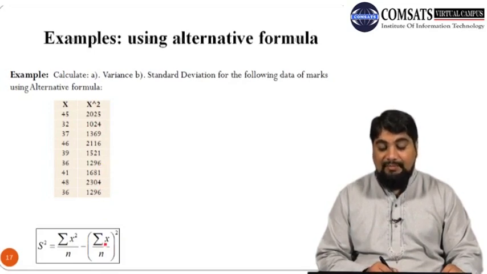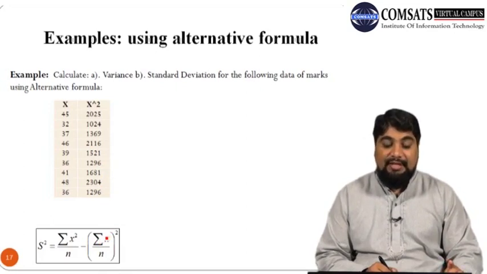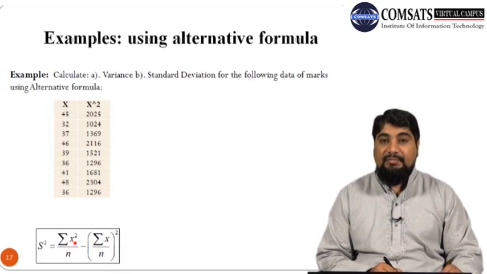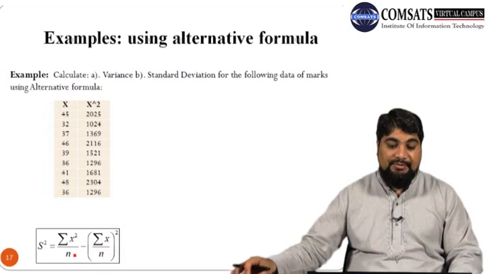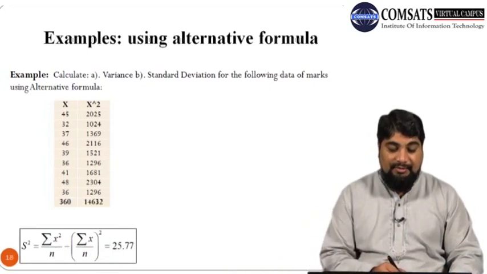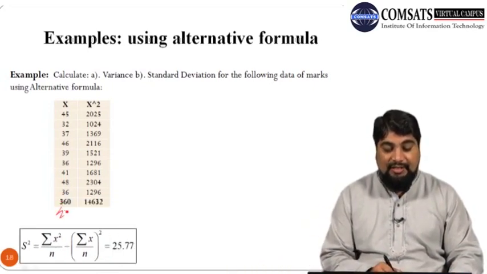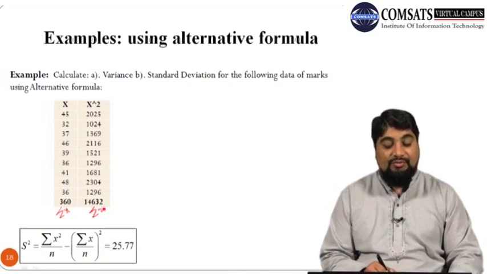You can see that we need summation x, the sum of all x values, and summation x square, the sum of the values in the column labeled x square. And the next number we need is n, where n is the total number of observations. So we need to calculate the total of x, which is summation x, and the total of summation x square. So here we have summation x, and there we get summation x square.